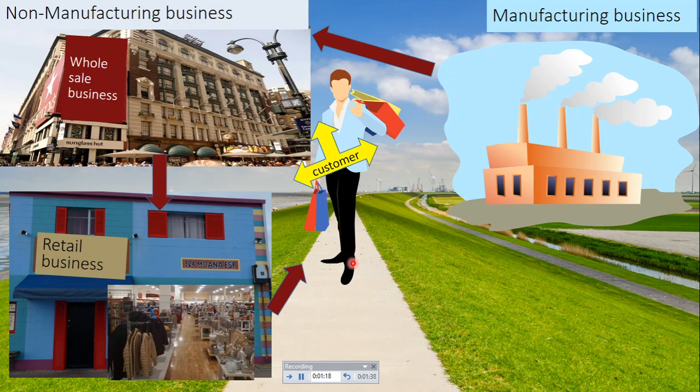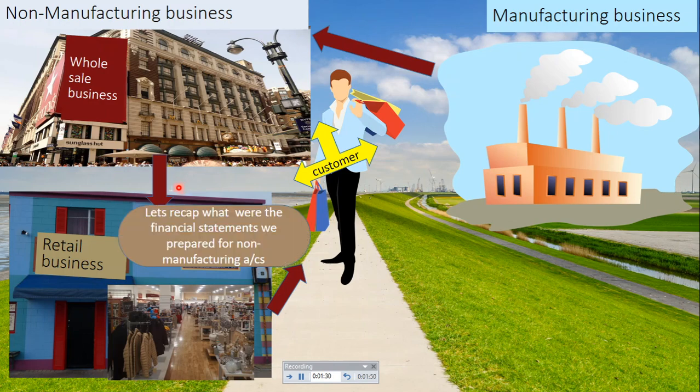So let's understand about accounts. In our AS level, we studied how to prepare the financial statements of the non-manufacturing business. Let's recap what were the financial statements we prepared for non-manufacturing accounts. So, what is manufacturing and non-manufacturing account? Manufacturing business, they manufacture products.